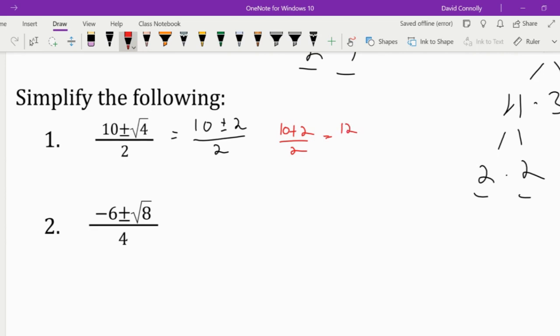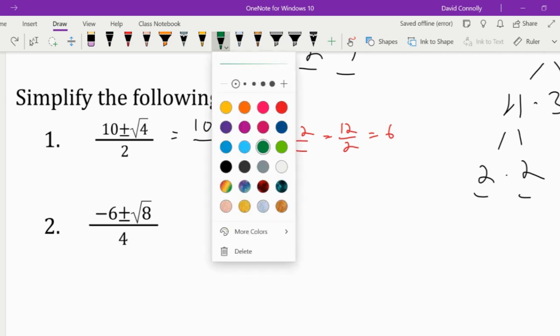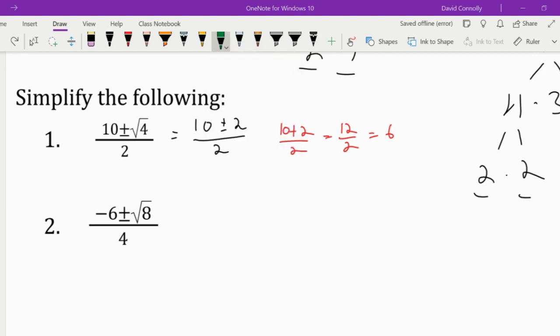This becomes 12 over 2, or 6. And then the other one, 10 minus 2 over 2. That becomes 8 over 2, and we get 4. And those are our final answers.